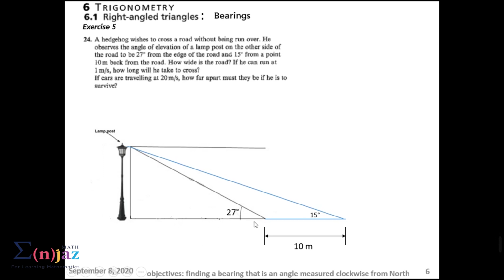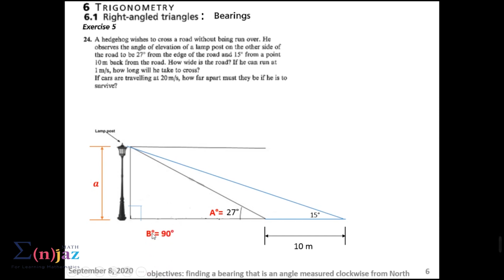Now, based on what's given, as you can see, this is one triangle, this is a second triangle, and the big triangle. So I have three triangles basically. Let's start. If I name this given angle as A capital, then the opposite side to A capital, which is the length of the lamp, is A small. This angle here is definitely 90 degrees because the lamp is always vertical on the ground.